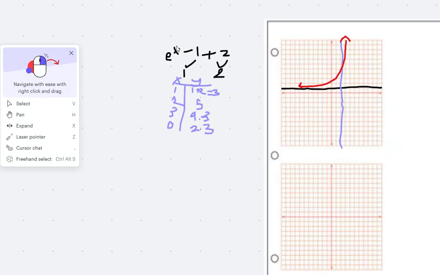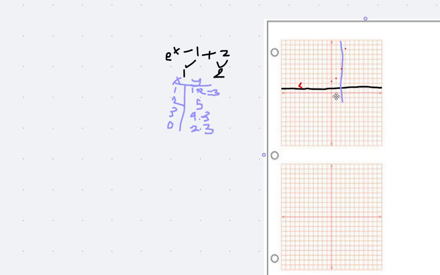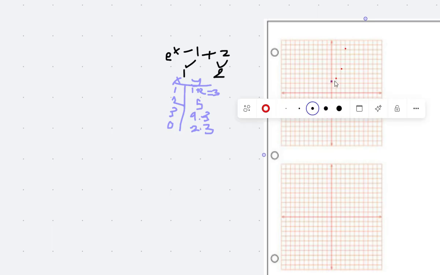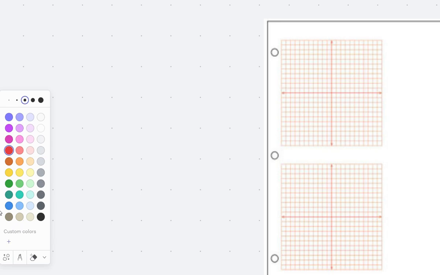Okay, next we're going to do one more example. We're going to erase this entire thing. Let's take the black marker again.